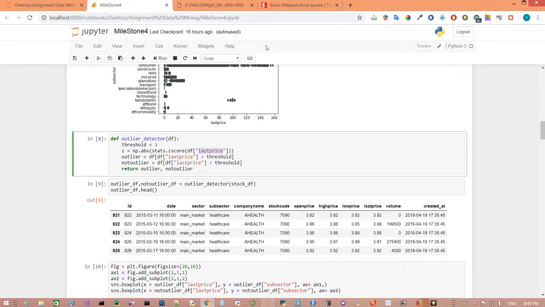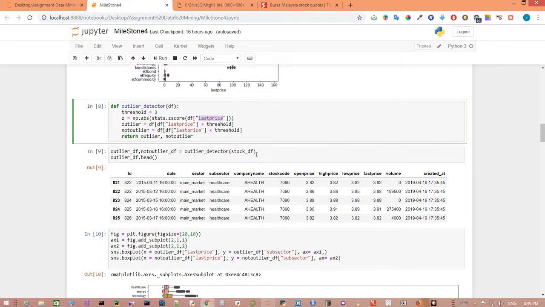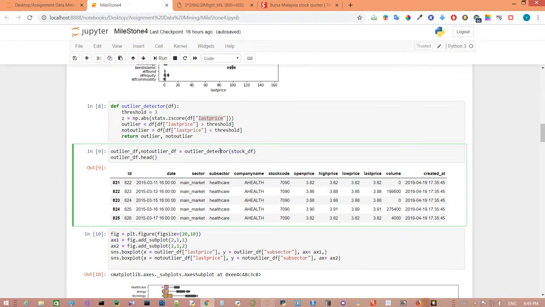And as I explained in our picture, more than 3 would be outlier, less than 3 would be not outlier data. Okay, so this is our function, and I'm feeding the stock data to this function and create a tuple, outlier df and not outlier df, and this is the head of the outlier df.